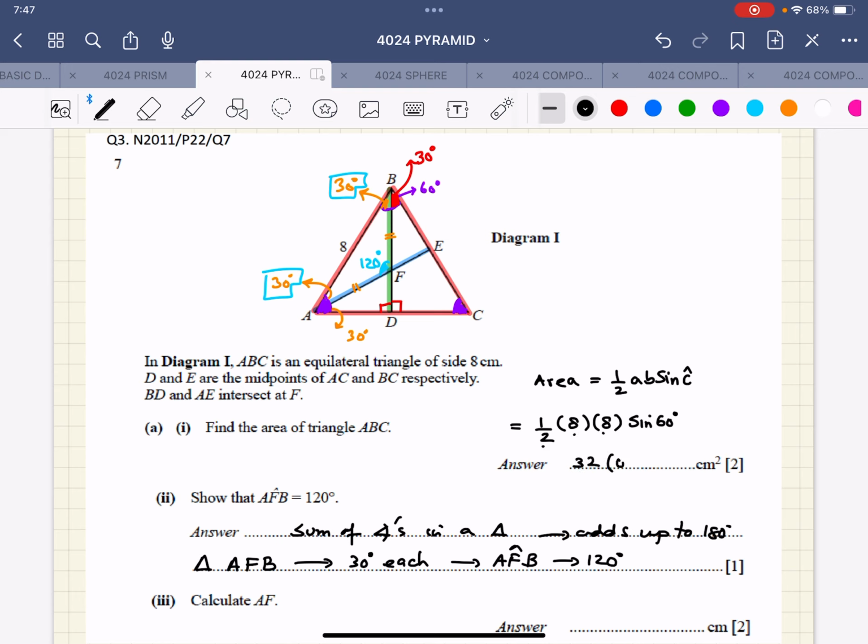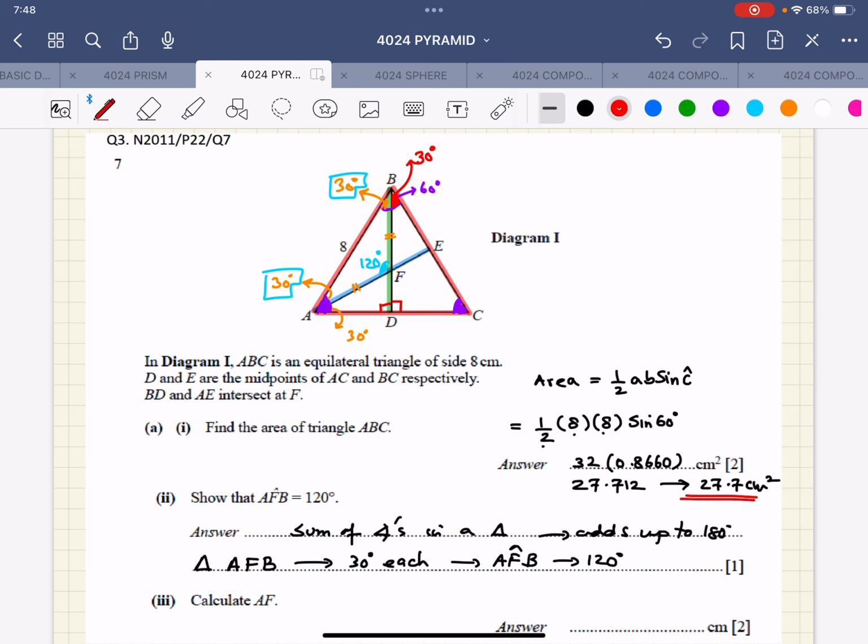Sine of 60 is 0.8660. So let me multiply this out. There are some values which are very easy to remember. So this comes out to be 27.712, again rounded off, 27.7 centimeters square. So this is the answer for this part.